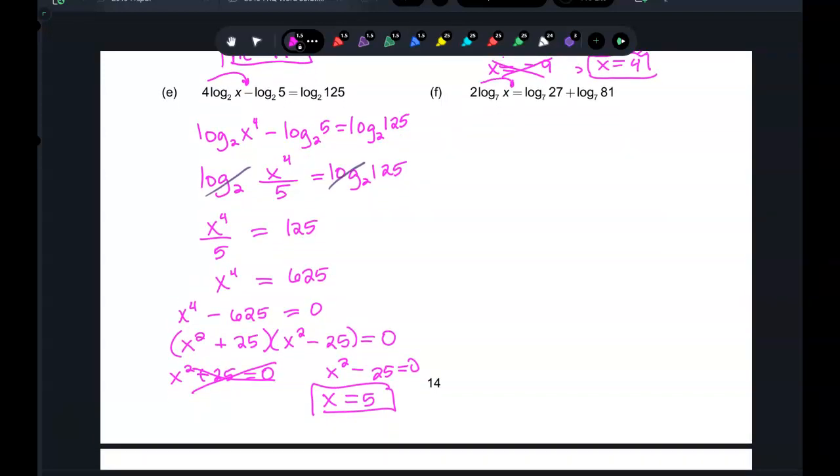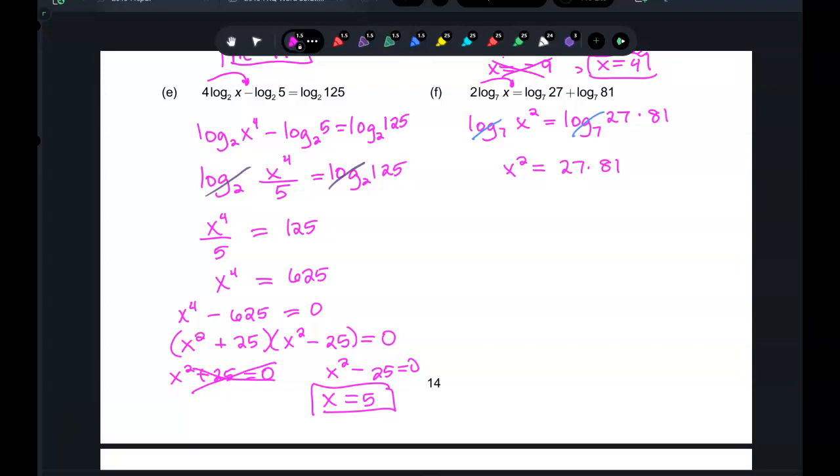Okay, last one here. We're going to move that power to the x. And if you want, you can kind of combine that plus sign into multiplication right away. Now we have log base 7 on both sides. We can cancel it. So we get x squared equals 27 times 81.